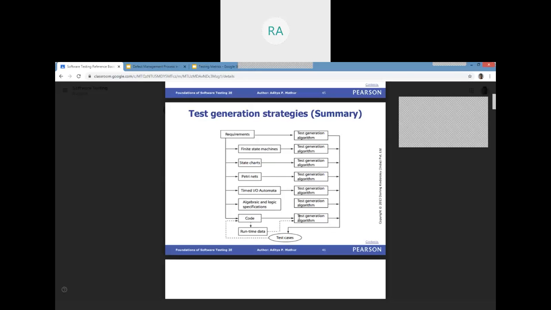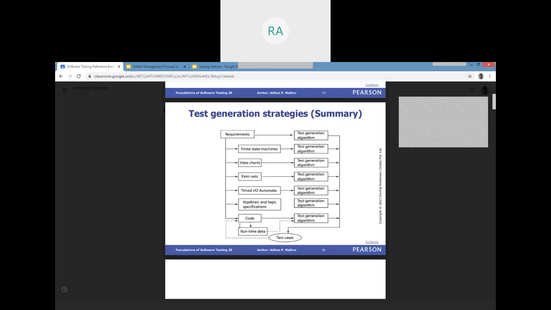Sometimes, whenever you are using the code, along with the code you will also make use of runtime results, which will be fed to the test generation algorithm in order to generate the test cases. In turn, these test cases are fed to the code in order to test the program's behavior.